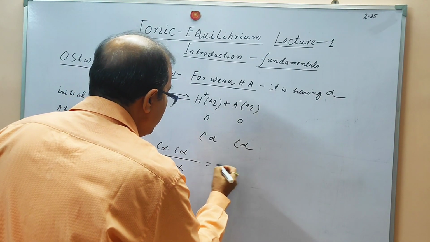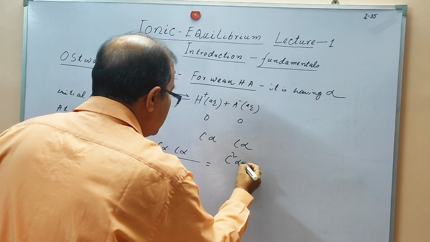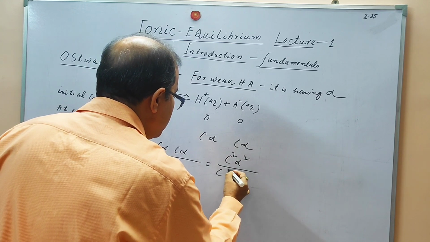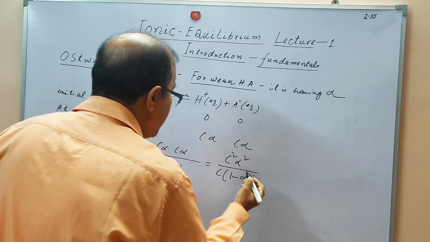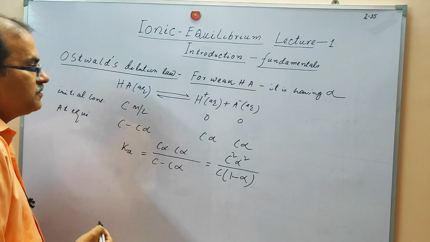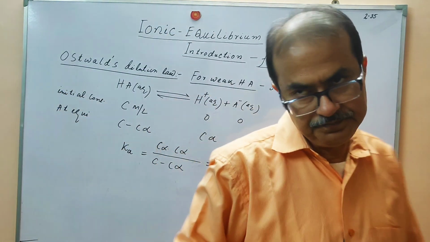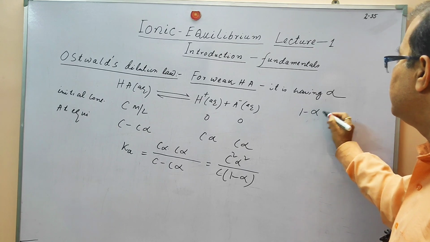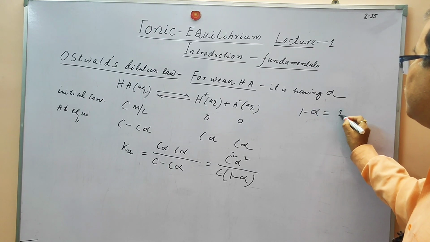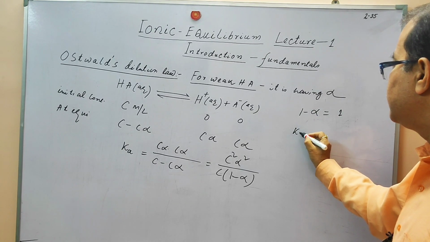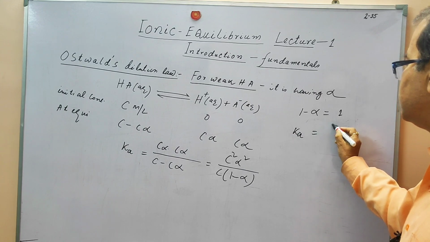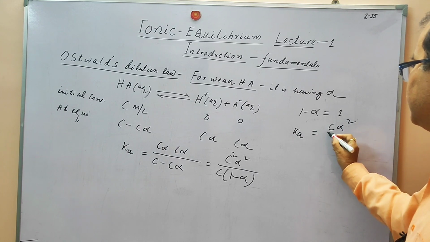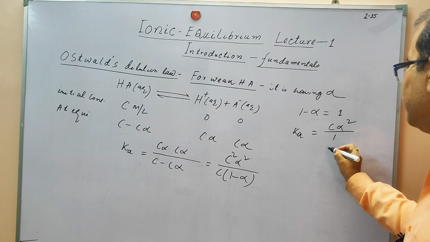If we simplify further, this is C alpha square over C into 1 minus alpha. You can see that this is a weak acid, so we can assume 1 minus alpha is equal to 1. So we can say K is equal to C alpha square by 1.